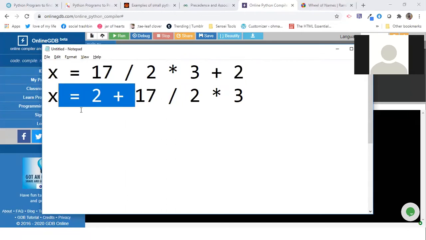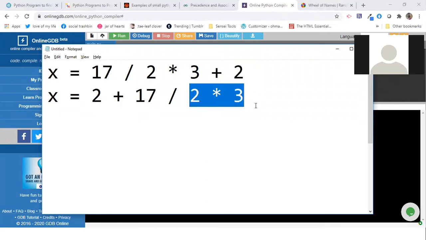So, same lang yung output na 27.5. Mag-iiba lang yung sagot mo if hindi mo sinunod yung precedence or yung hierarchy. Inuna mo yung addition over multiplication or division, which is wrong. Okay? How about the next one?